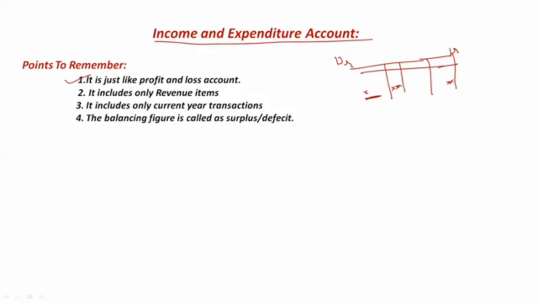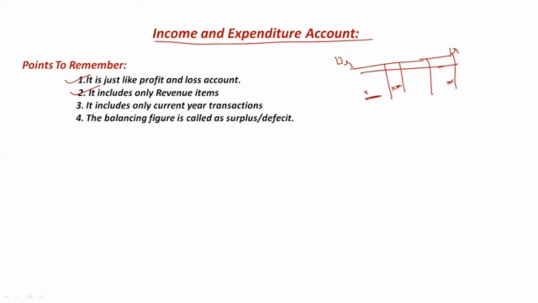Next point is, it includes only revenue items. This point is very important here. Now what are revenue items? The expenses or incomes which occur again and again during the course of business. I will give you an example.